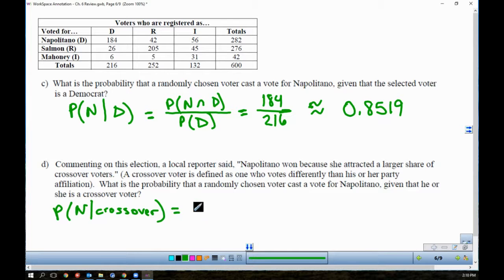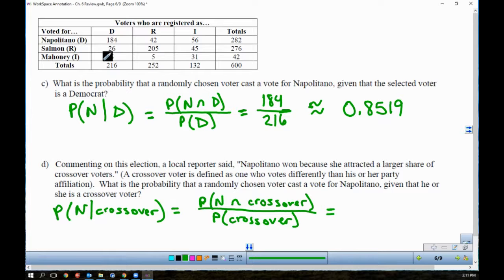Okay, so this is the probability that they're Napolitano and a crossover over the probability of being a crossover. So let's go up to our table and actually circle all our crossovers.